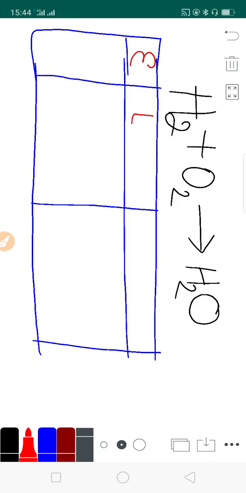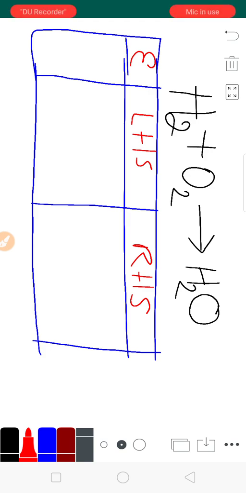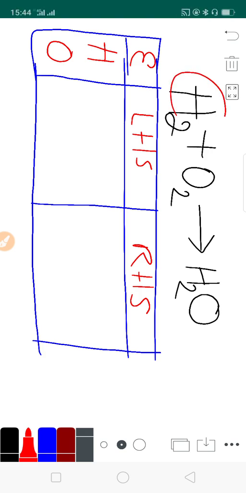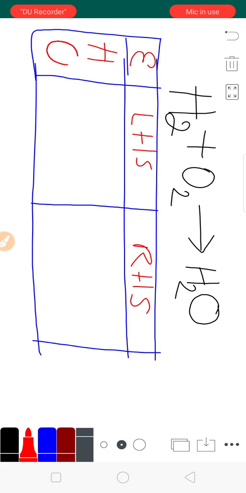Elements, LHS, RHS. What are the different elements present here? Hydrogen and oxygen. These are the various elements present.